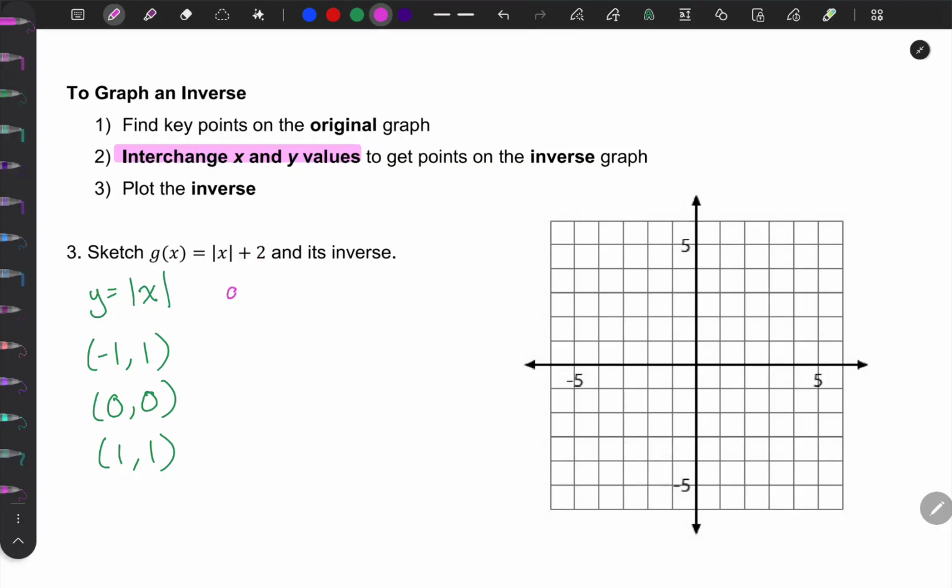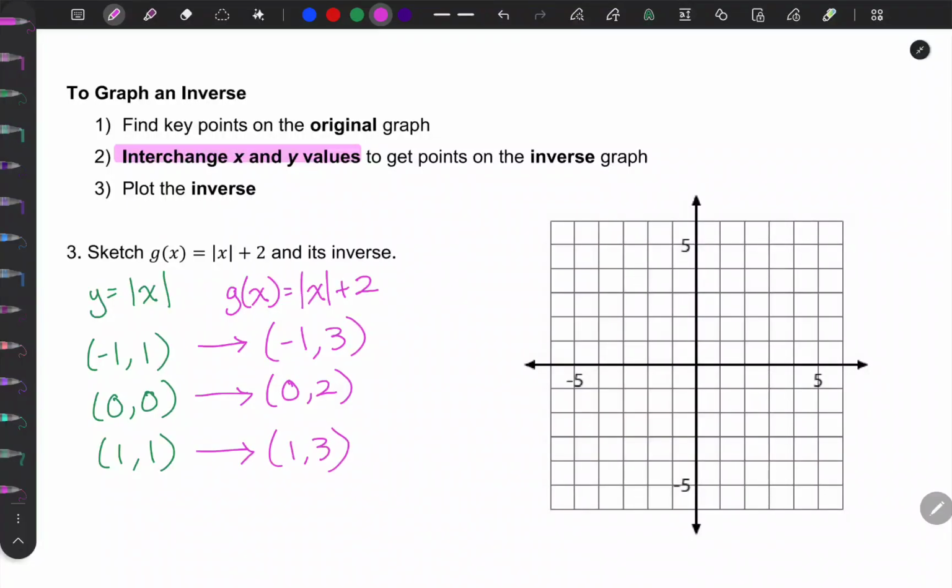Now, if we're doing g of x is the absolute value of x plus 2, essentially we're taking all our y values and we're adding 2. So let's map these points. That would be negative 1, 3, 0, 2, and 1, 3.